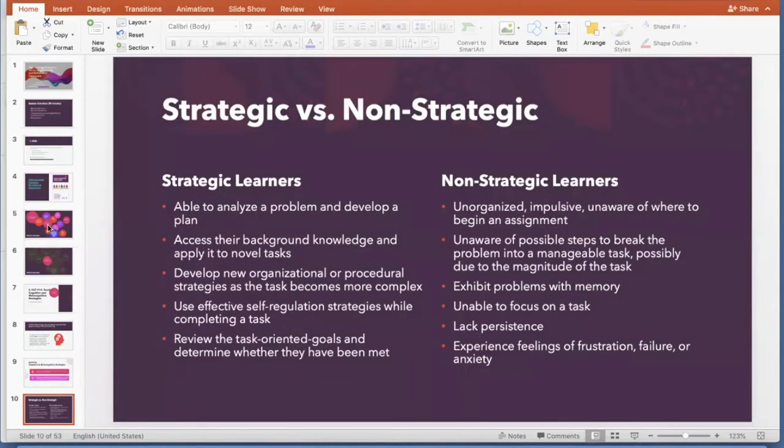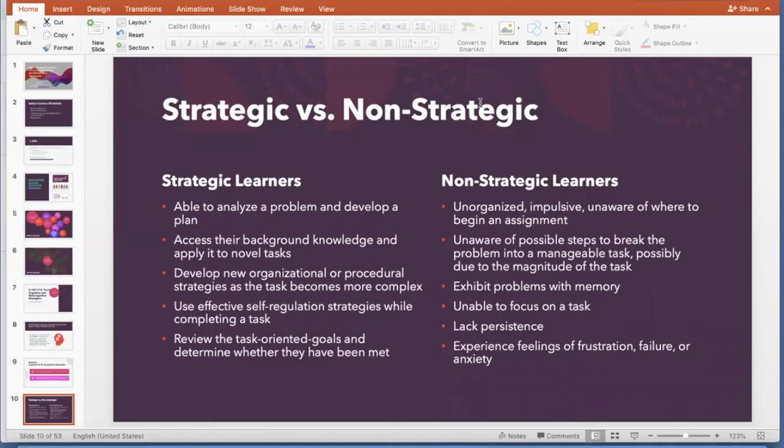So thinking a little bit more about strategic and non-strategic learners. Strategic learners can analyze a problem, make a plan for solving it, can access their background knowledge that can help them to solve a new challenge, can develop new organizational and procedural strategies as the task becomes more complex, use effective self-regulation strategies so they're able to track their progress, monitor their progress, and fix up when things aren't working.